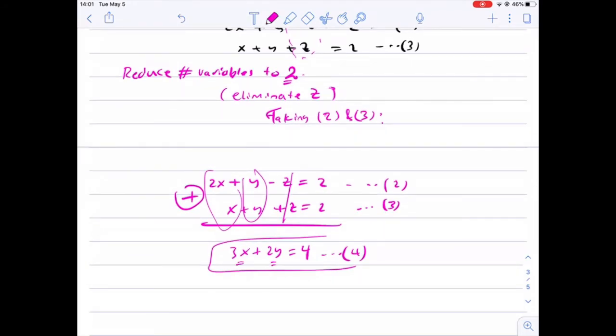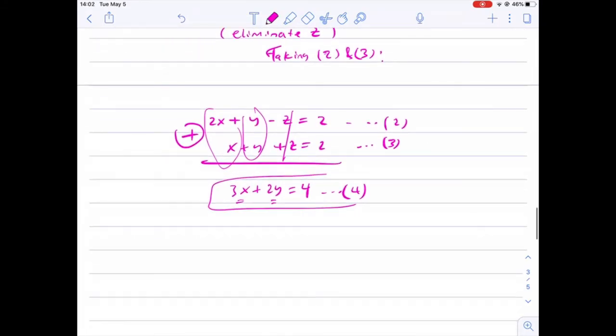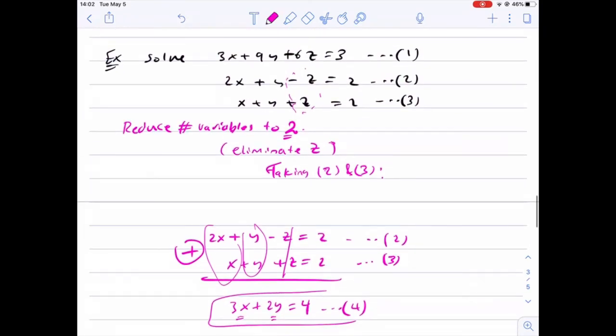Now this equation includes x and y. Now we need another equation that includes x and y in order to solve the system as we did in the previous examples. So we didn't use the first equation. So let's use 1 and 2, the one that we didn't use, and we can use it with any of the other two equations, to get an equation of the variables x and y.